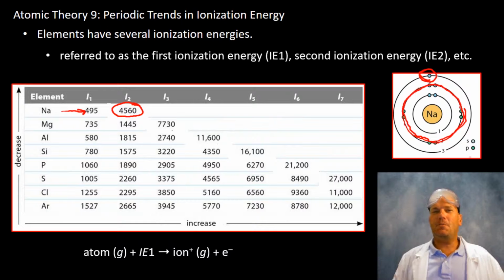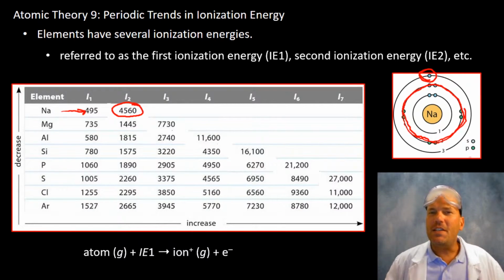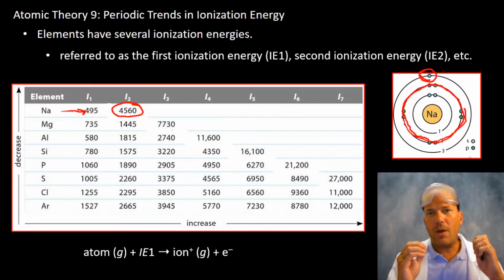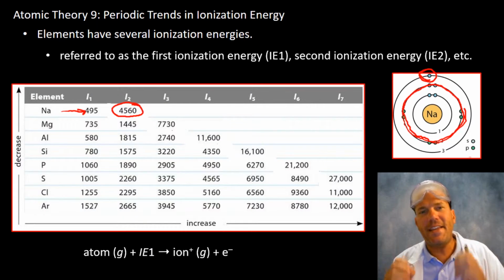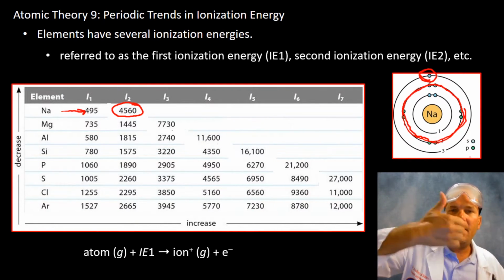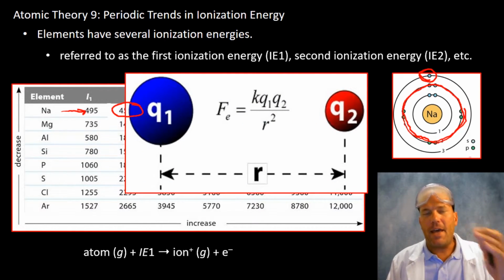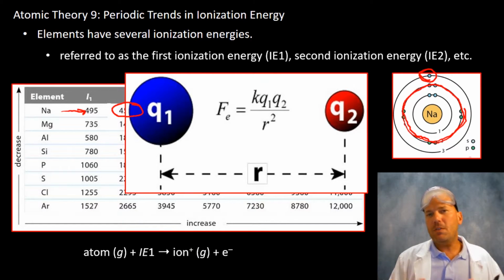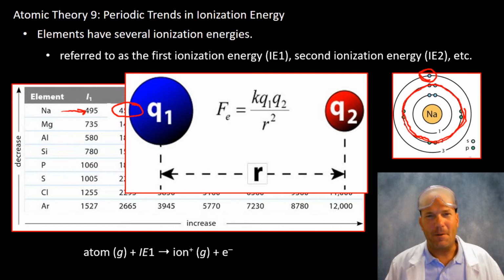So that means there will be a greater effective charge, and we're also going to see the Coulombic attraction, that inverse squared relationship. We're going to see distance go down, which means the amount of energy or electrostatic force goes way up. And that is based on Coulomb's law, which was discussed briefly in the last video.